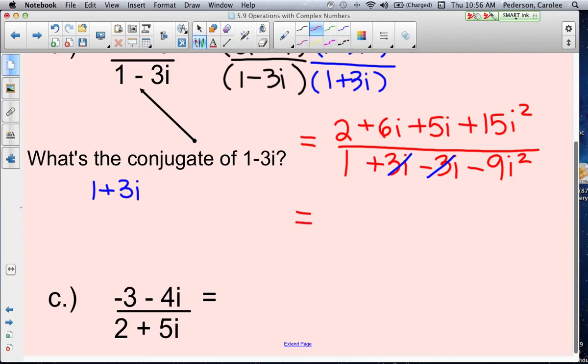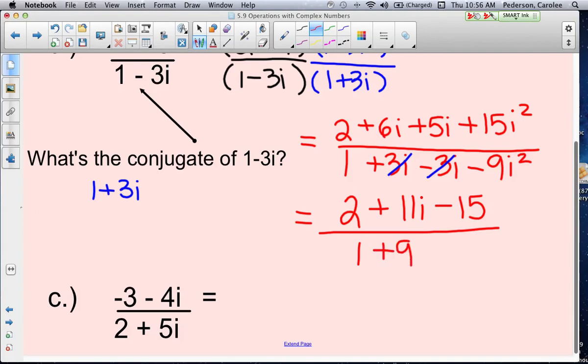Now we have some reducing to do. 2 plus 6i plus 5i is 11i. The i squared can drop out, and it changes it to a negative 15. 1, and then the i squared drops out, and it changes it to a positive 9.